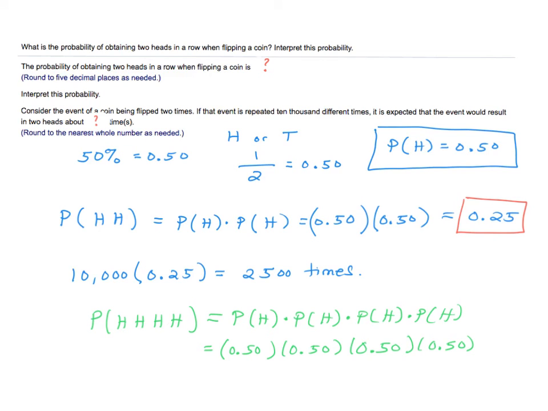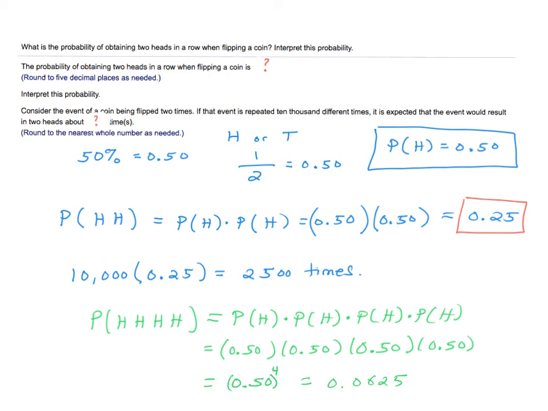And you could just enter this into a calculator pretty quickly. But if your calculator has an exponent function, this is 0.50 to the power of 4. So you're raising that to the 4th power. It's something that can save you time, so you don't have to type as many multiplications. So this is 0.50 to the 4th power, and I get 0.0625.